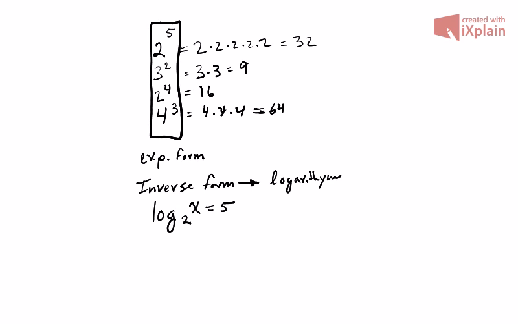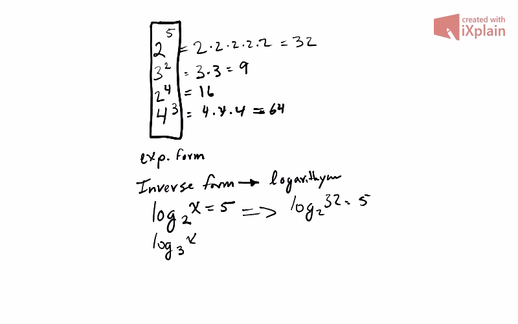I'm basically asking what power of 2 gives me 32? Well, it's 5, right? So you drop it down and you move the power over. If we do this outright, you find that log base 2 of 32 equals 5.